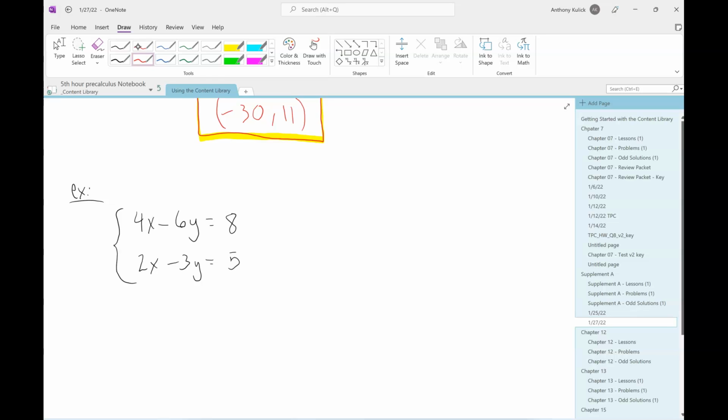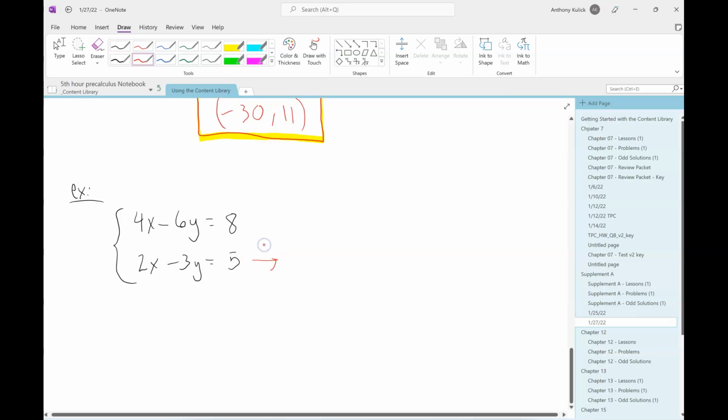To me, it looks a little bit easier if I take the second equation and solve for x, mostly because when I do that, I'm going to get denominators of 2. But when I plug that back into the first equation, every coefficient in there is even, so the fraction will just kind of go away. You might notice that, you might not.